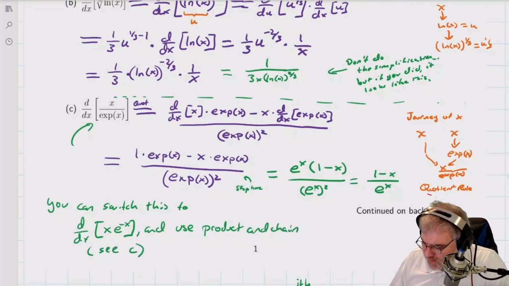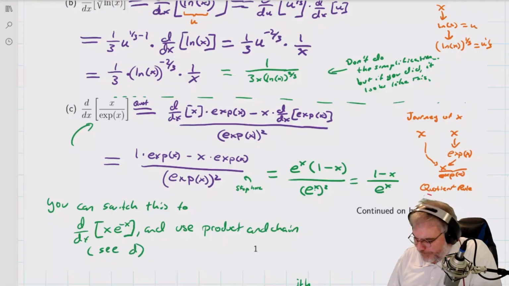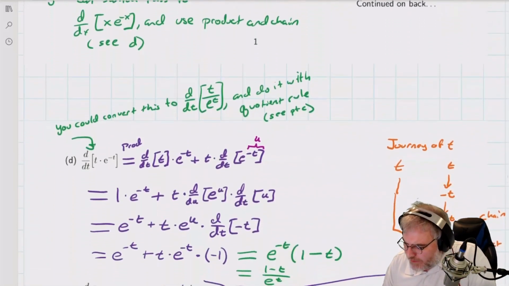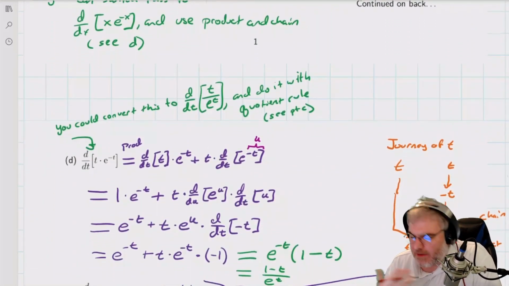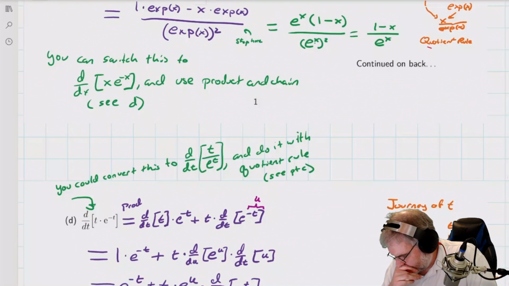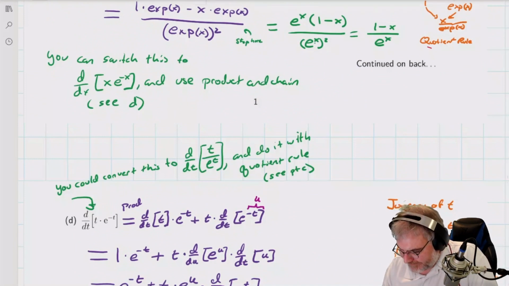Right? That's legal. Okay? So that's kind of the point of the problem. The whole point of putting both C and D on the same quiz is to show you that you can do either one. That they're the same thing.